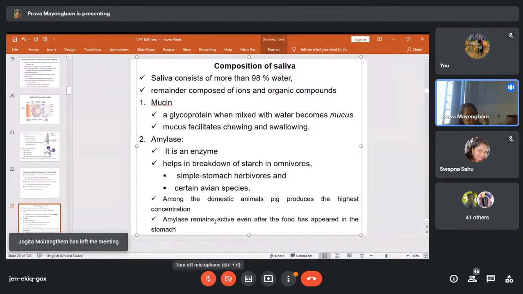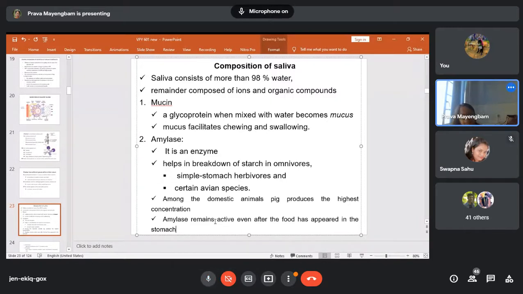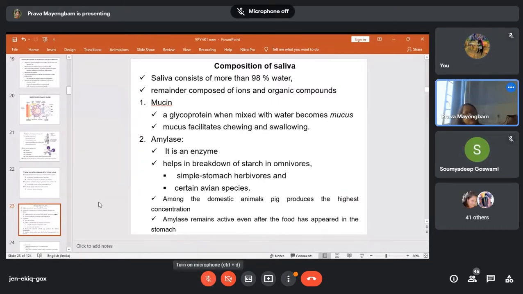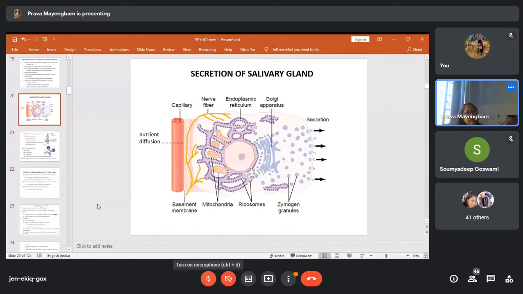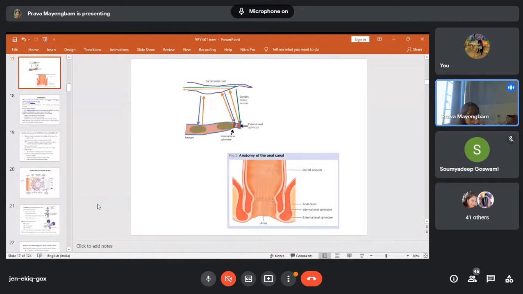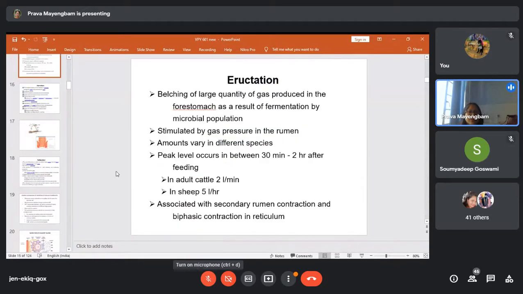What did I say about the pH of the saliva? Did I mention the pH of the saliva? 7.8. In this species, is there any difference between the ruminant saliva and the non-ruminant saliva?